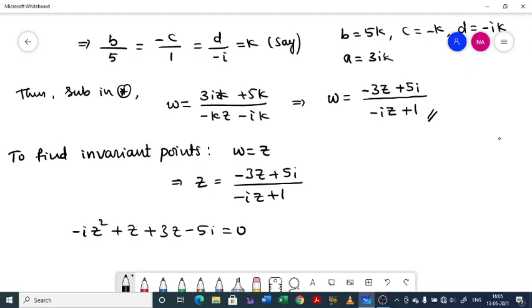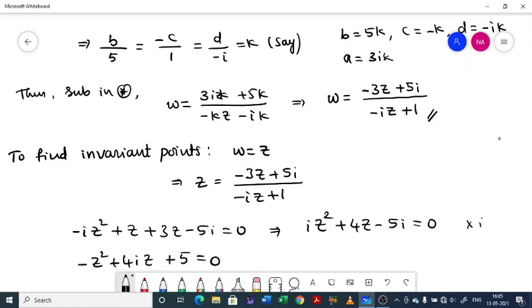So minus iz square plus 4z minus 5i equal to 0, multiplying it by i, minus z square plus 4iz plus 5 equal to 0, or multiplying it by negative sign, z square minus 4iz minus 5 equal to 0.